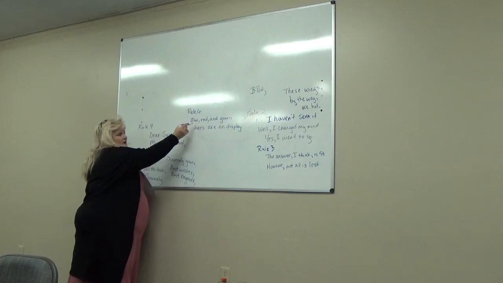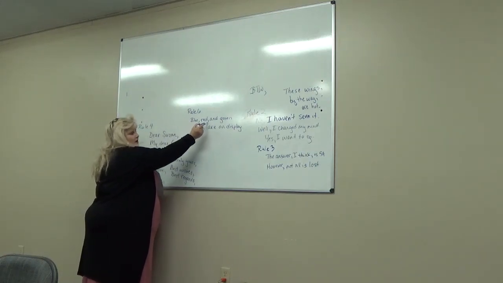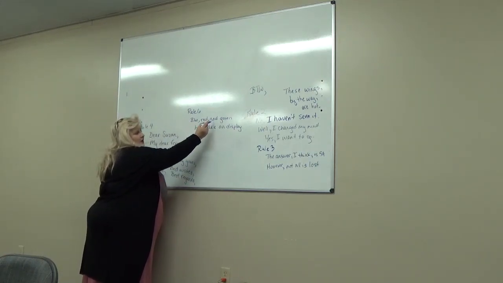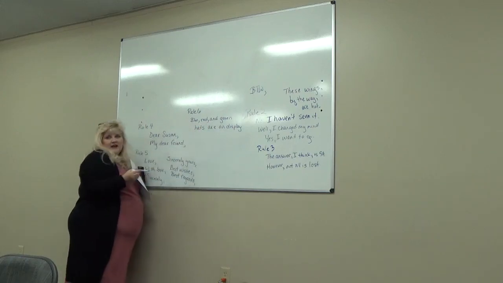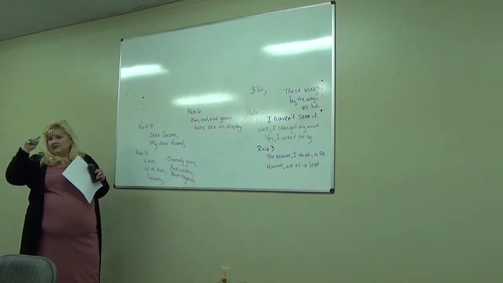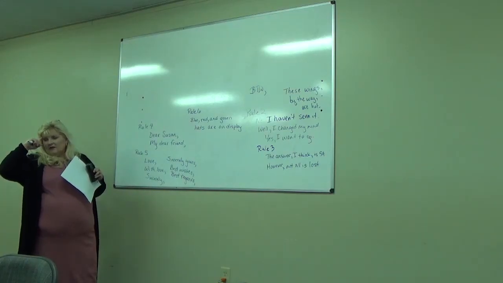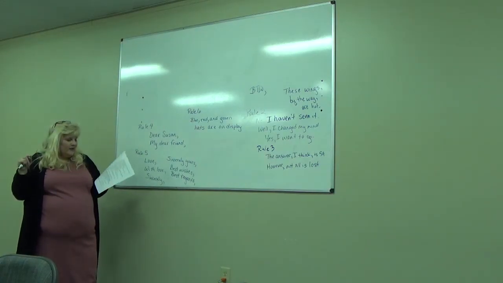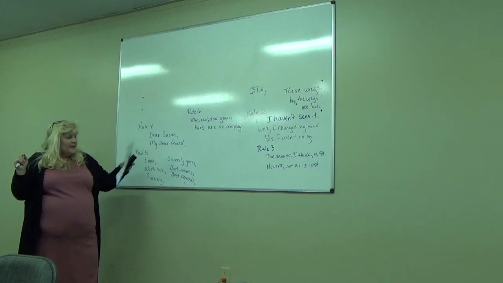Notice, you have a comma after the first one, comma after the second one. You don't have a comma after the and. So we don't do commas after conjunctions. Kind of have that in your mind. No comma after a conjunction. Commas after a list of items.